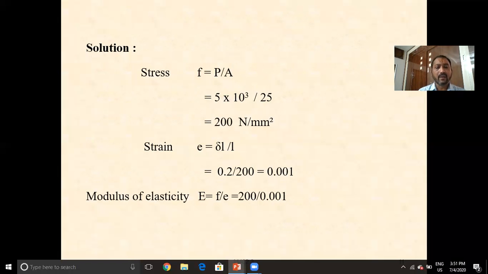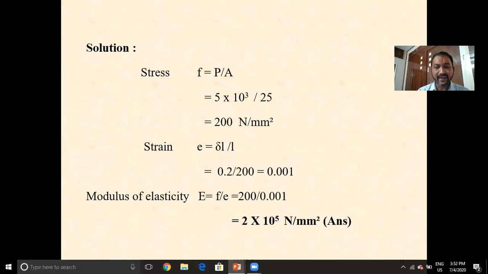Now the modulus of elasticity value can be easily found by the direct equation, as we know that the modulus of elasticity is equal to stress by strain. Here the stress value we know and the strain value we also know. So E is equal to stress by strain, that is 200 by 0.001.